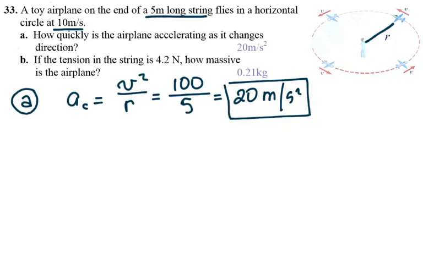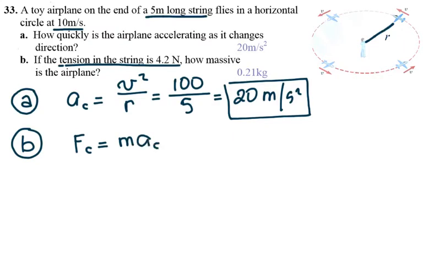And for the B part, if the tension of the string is 4.2 newtons, how massive is the plane? So for the B part, I have the centripetal force is equal to mac. In this case, your centripetal force is your tension force, equal to mac.